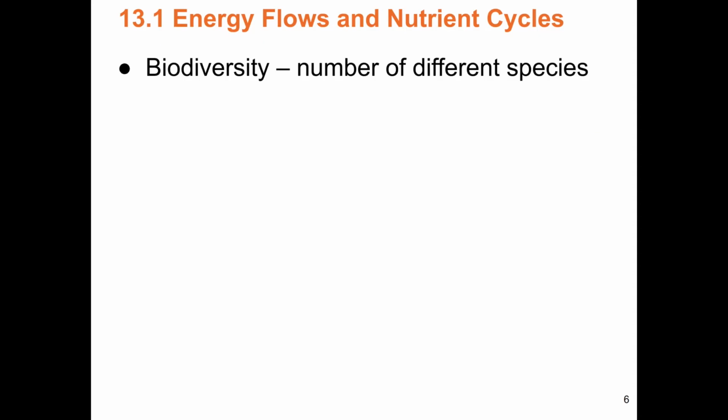So, biodiversity refers to the number of different species. Like with almost everything in life, diversity is a good thing. The more diversity there is, the better off an ecosystem is, generally speaking. And biodiversity is a term for the number of different species in a place.